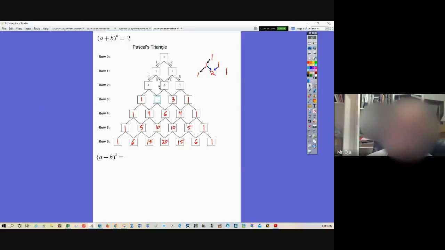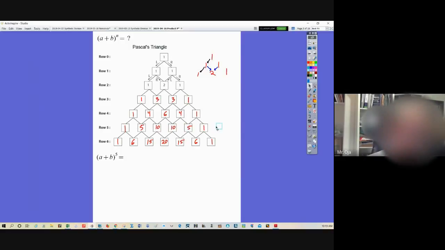Because 1 plus 2 is 3, right? Right. Well, what number is going to go there? Well, 1 plus 3 is 4. What number goes there? 3 plus 3 is 6. See what I'm saying? Yep. And so you just keep on building your way down in this triangle. Like, for example, there, that would be a 4 plus 6 is 10. And once you build the triangle, it's the same every time.